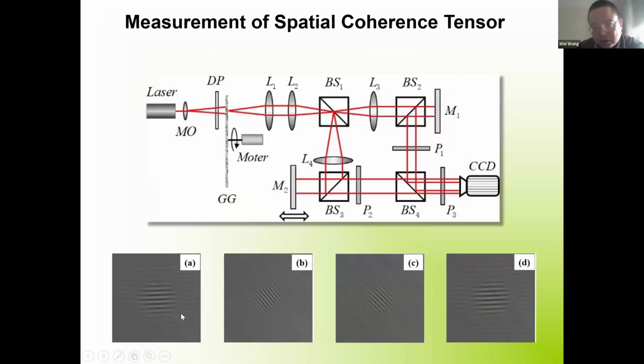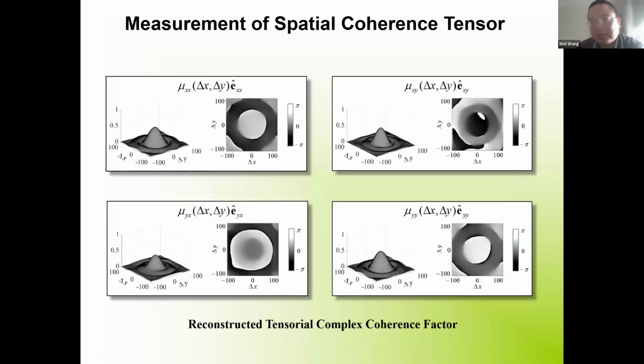As you see in these 4 fringe patterns, the fringe contrast is expressed in terms of position. By applying the Fourier fringe analysis technique, we are able to reconstruct the spatial coherence tensor. Here is the result: the left side gives you the amplitude, the right side gives you the phase. This is the reconstructed tensorial complex coherence factor.